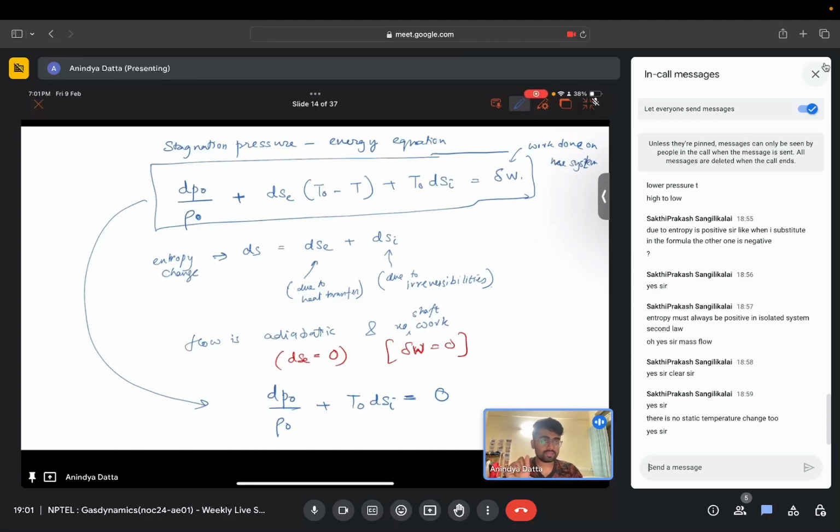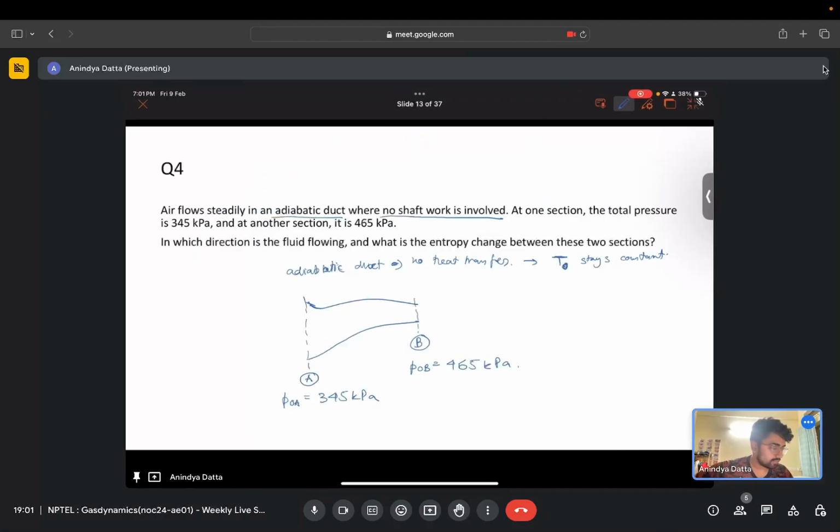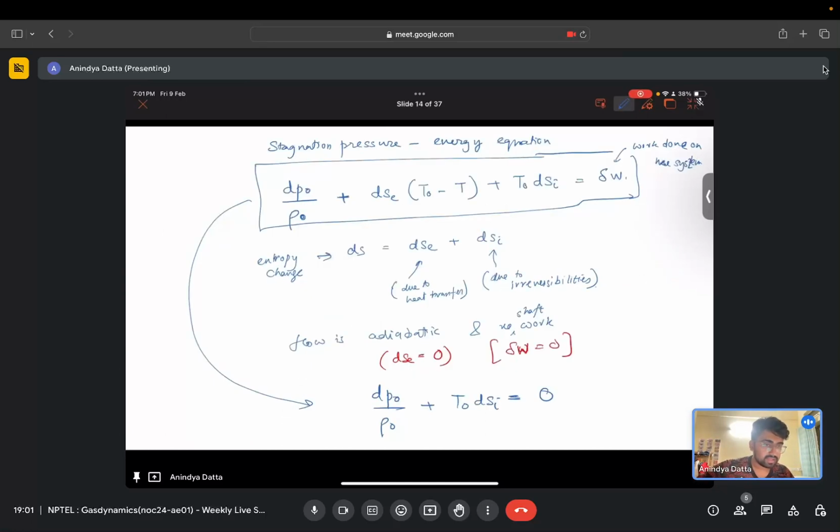Okay, so just remember this thing. Adiabatic flow means stagnation temperature stays constant. This is very important. This will come up often when we deal with shocks, expansion fans, or Rayleigh flow, Fanno flow.